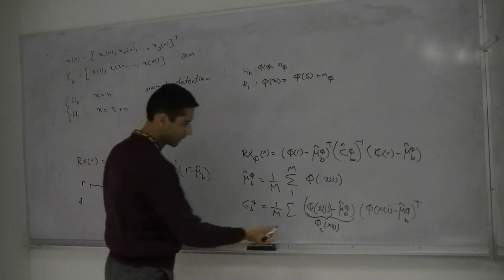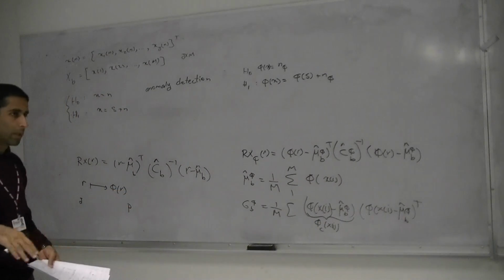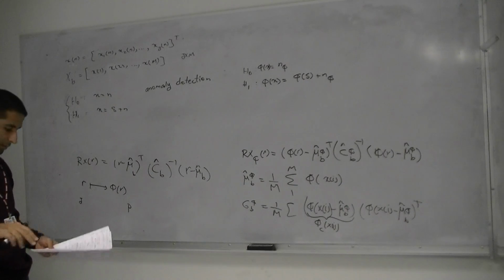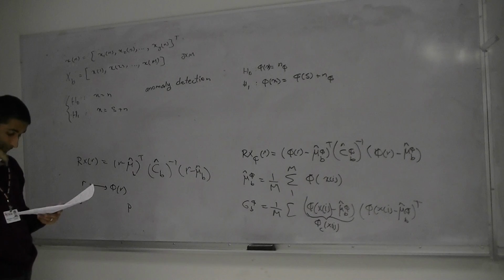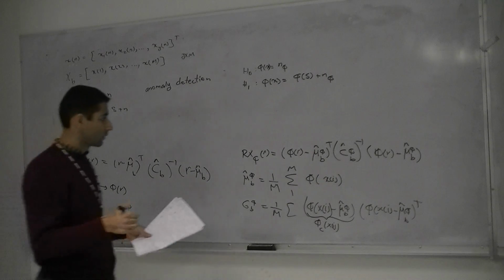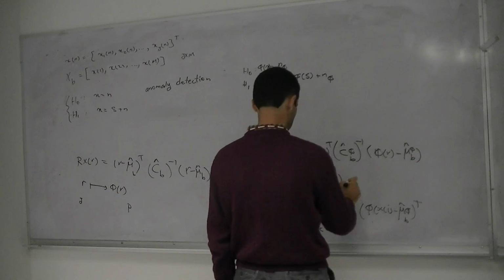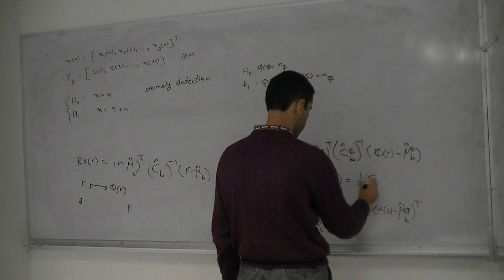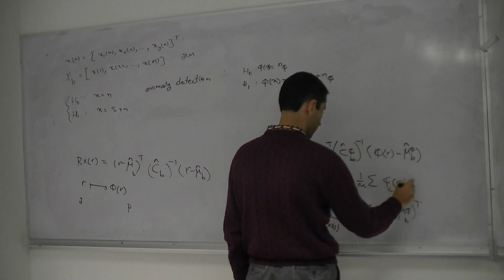Okay, it means it's the biased version of the data. For example, we calculate the mean, and after that subtract the mean from the original data and make unbiased data. And for example, this equation is 1 over m, sum of phi c of x i.